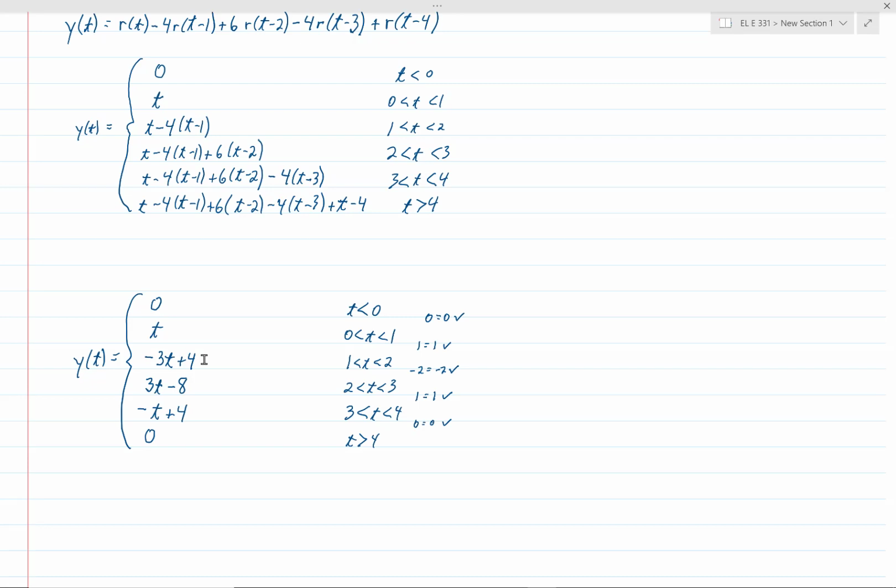But before I can do that, we need to learn something more about how to find the response of a system to an arbitrary input, and that will be the second part of lecture 9. So we'll take just a brief break here, and then we will look at lecture 9b.